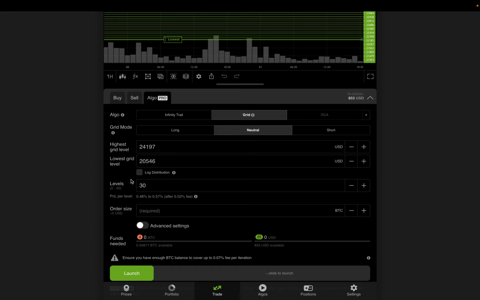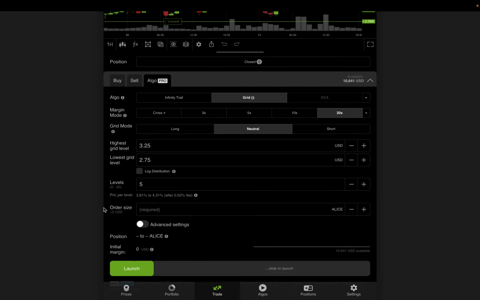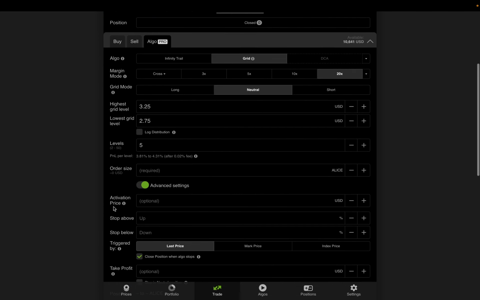Okay, let's move to the next feature, which is called activation price. If you go here to advanced settings, you can now set an activation price for a grid.